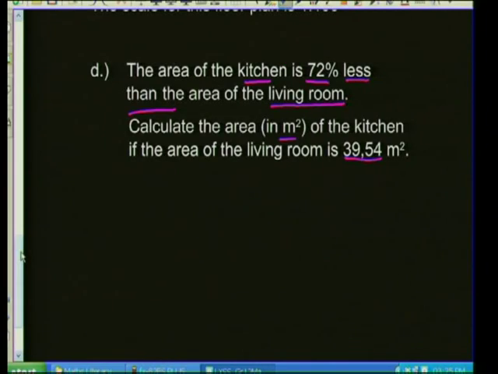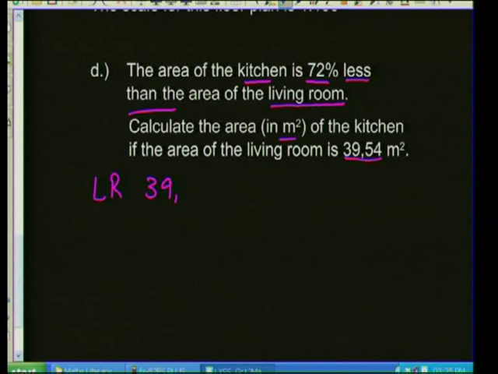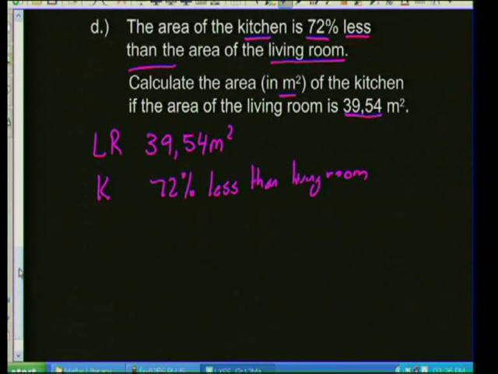Now there's a lot of information here and we need to pull that information out. So we've got the area of the living room is 39.54 meters squared. The area of the kitchen is 72% less than the living room. So we know that it is less than. Our living room is 39.54 and our kitchen is 72% less.